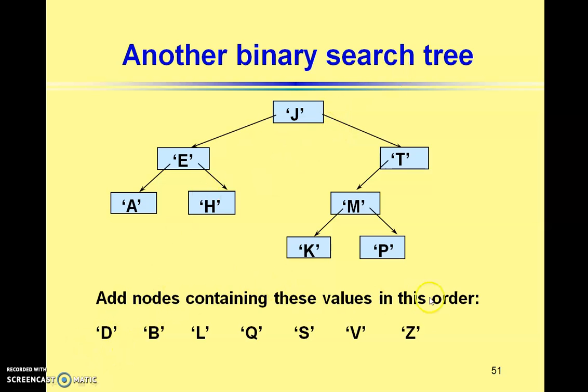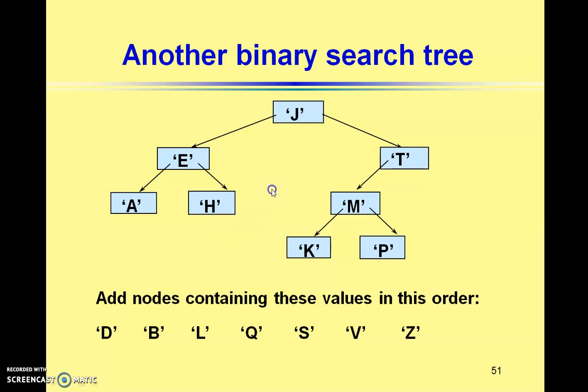Add nodes containing these values in this order. D would go to the left, and to the left again, but it's to the right of A. You don't insert in between, it always goes down to the bottom somehow. B goes to the left, and then to the right, which is where D is, but then B would go to the left.